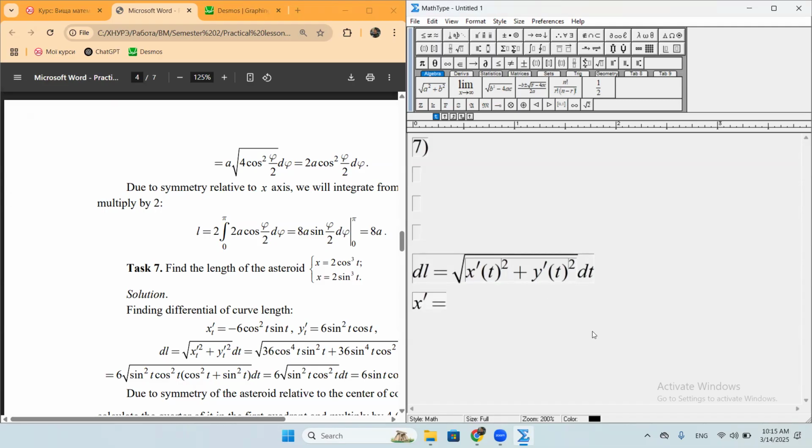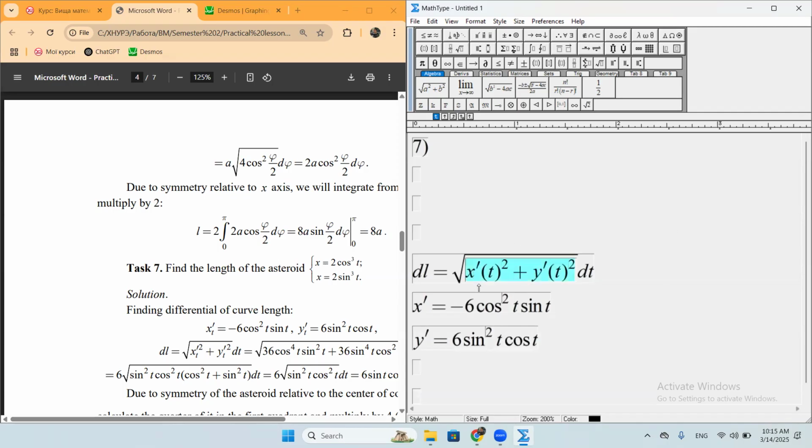It is equal to minus 6 cosine squared of t by sine of t. For y prime, 6 sine squared of t by cosine of t.